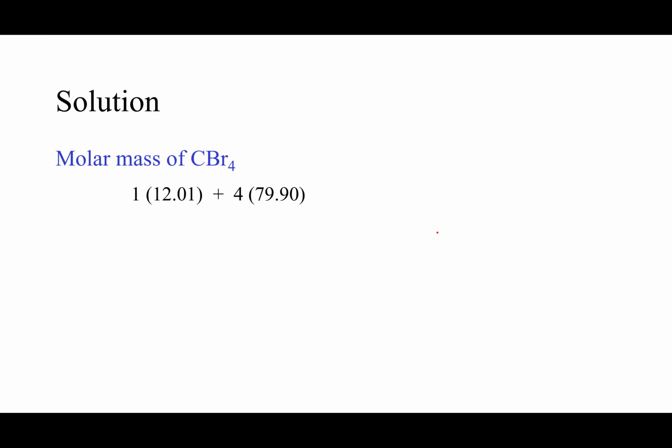Using the periodic table, we take 1 times 12.01 for carbon, plus 4 times 79.90 for bromine, even heavier than chlorine. So that gives us a whopping molar mass of 331.61 grams of the compound per 1 mole of the compound.